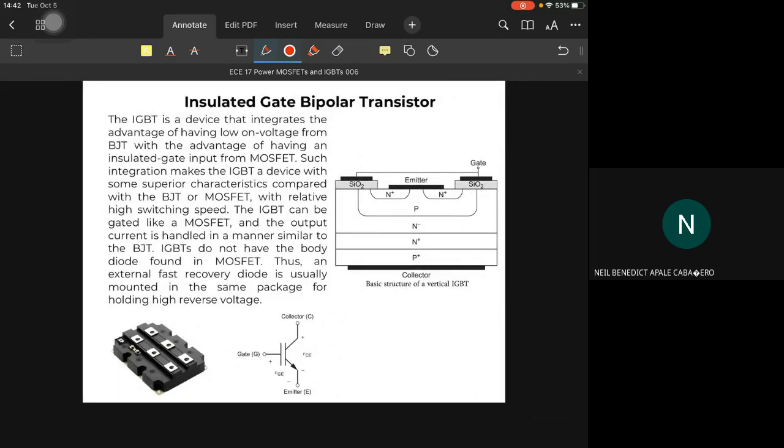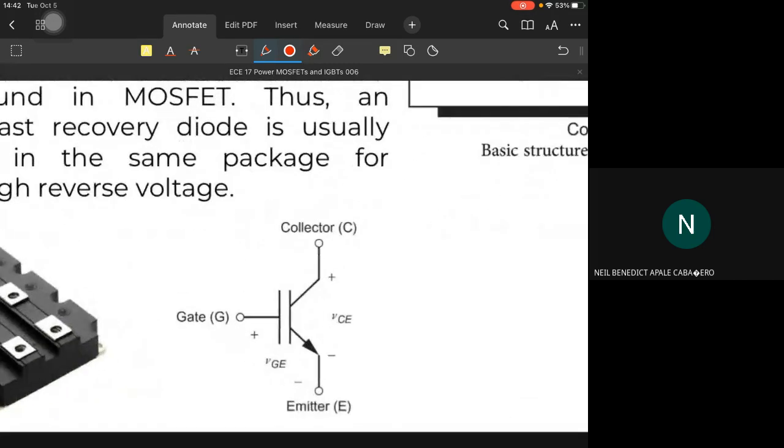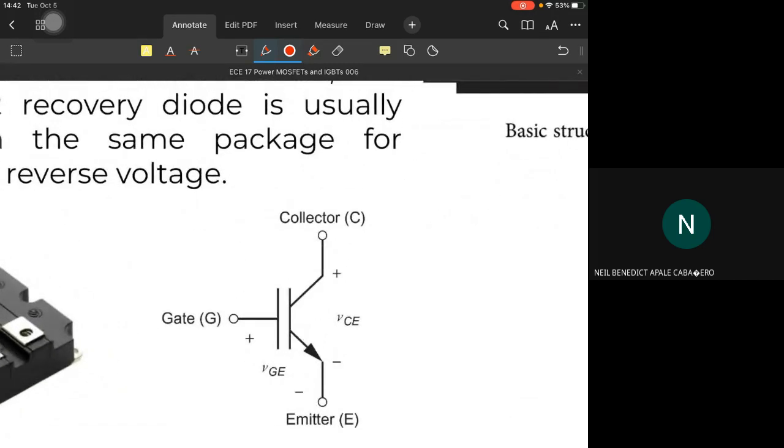The next power electronic device is the IGBT, or insulated gate bipolar transistor. This is what I've said before, that the IGBT is somehow halfway between the BJT and the MOSFET. Here is the schematic symbol for the IGBT. Partly MOSFET, partly BJT.